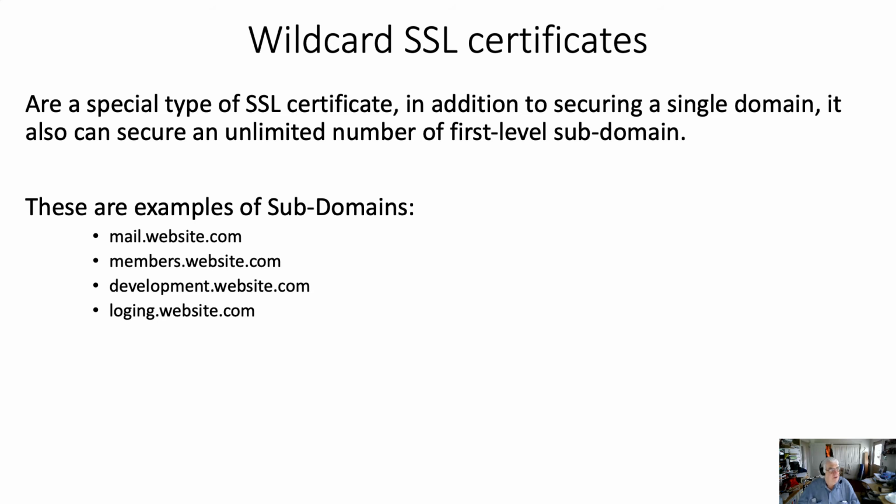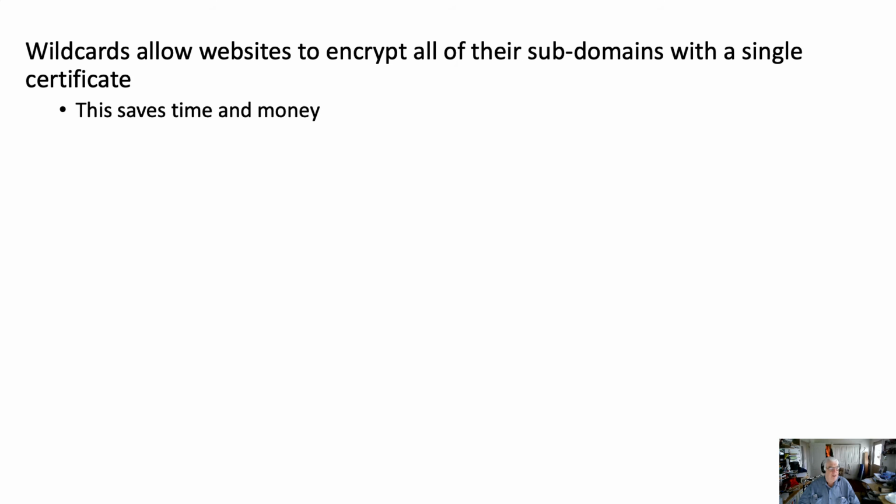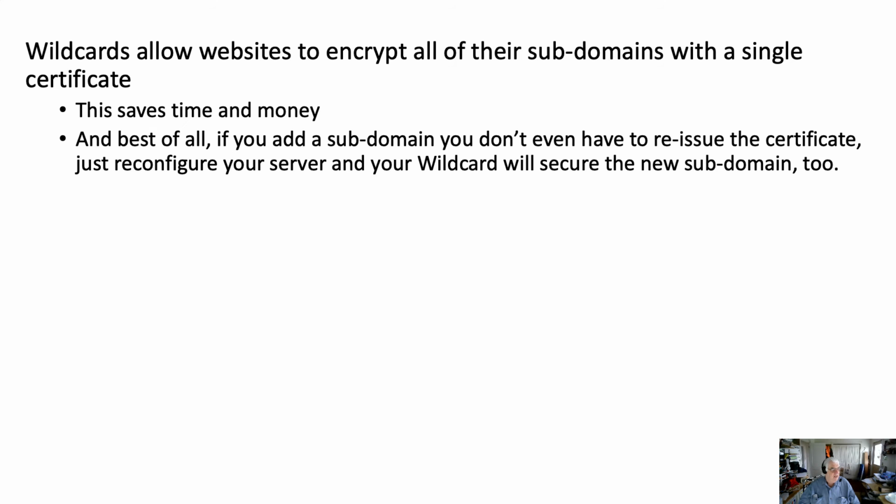Now, the other type of cert is a Wildcard SSL cert. It's a special type of SSL certification. In addition to securing a single domain, it can also secure an unlimited number of first-level subdomains. So, if you had a Wildcard cert, you could use one cert on mail.website.com and members.website.com and development.website.com and logging.website.com and anything else that you want to put in front of website.com.